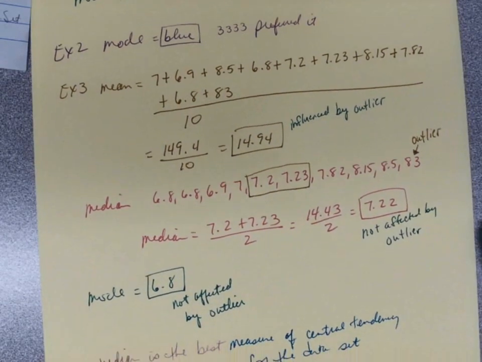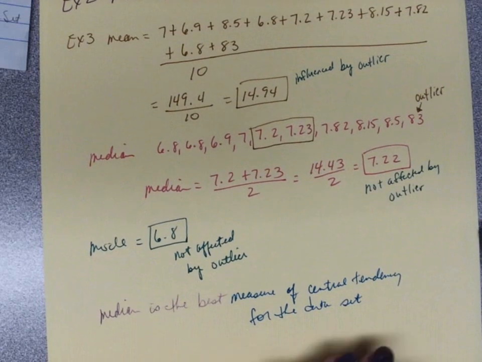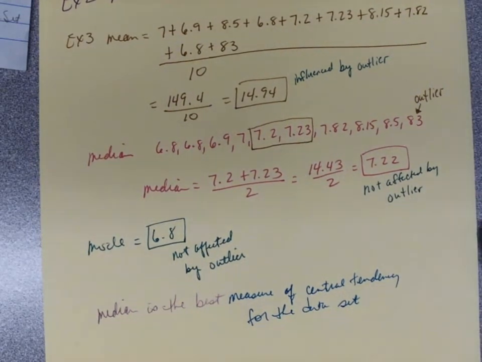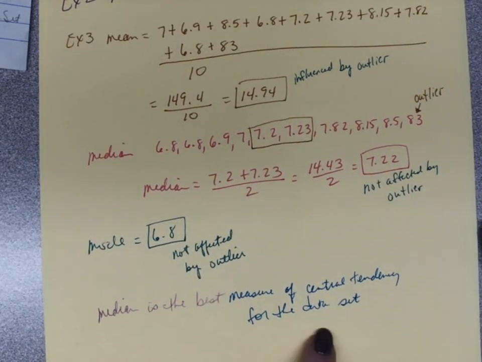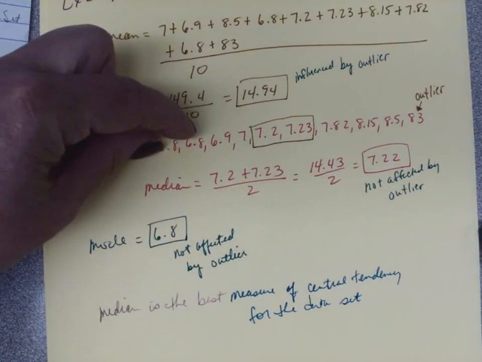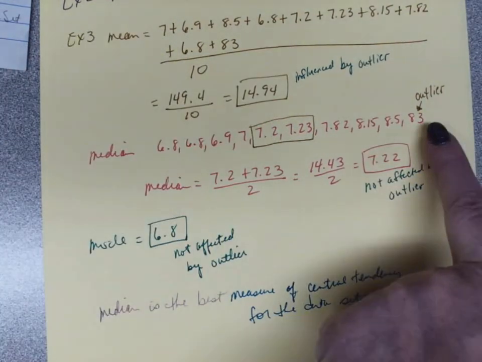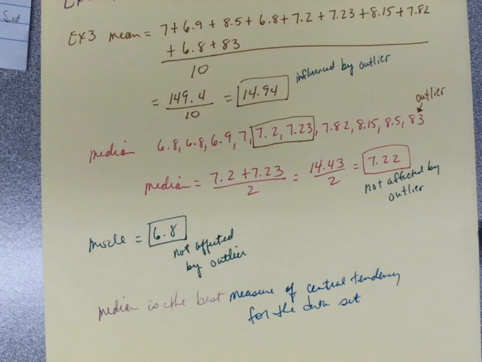So the median is going to be our best choice for the measure of our central tendency on this data set because it's not just the low end, it's not above most of the numbers, it's right in the middle.